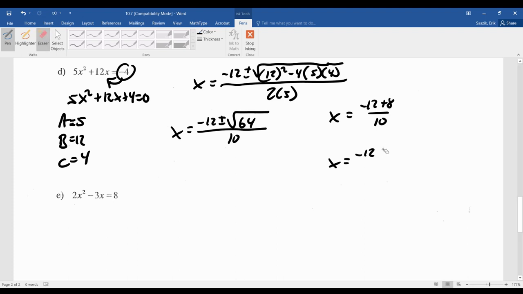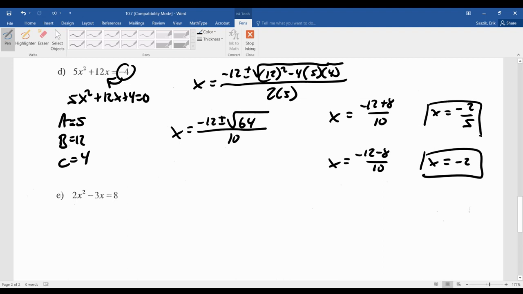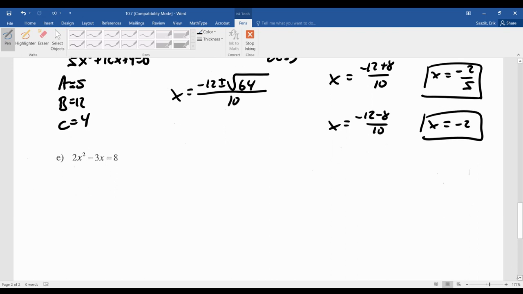This one's supposed to be minus, sorry. So negative 12 minus 8 is negative 20. Negative 20 over 10 is negative 2. That's one answer. Negative 12 plus 8 is negative 4. Negative 4 over 10 reduces to negative 2/5. Okay, so there's your other answer.